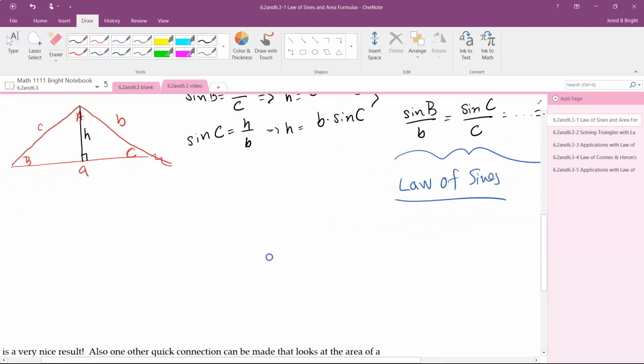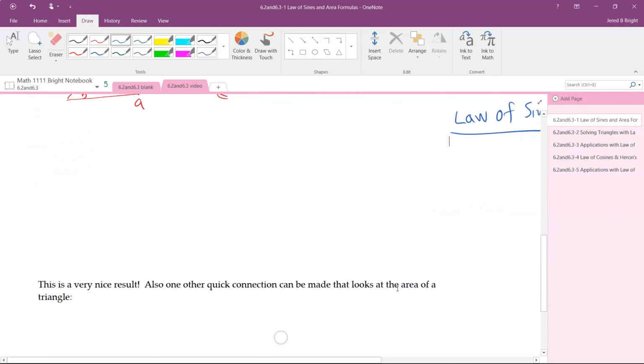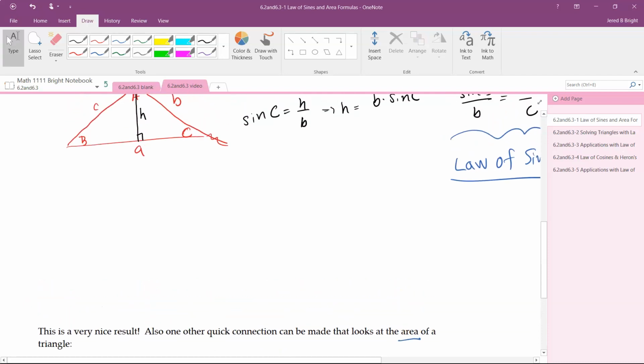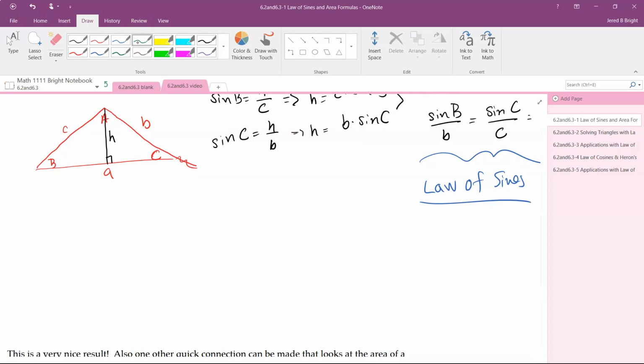While we're on this topic, I want to look at one other connection, looking at area. I'm going to back up here and do it up here in the space that I have plenty of. For any triangle, we know the area is 1/2 times the base times the height. In our example here, it's 1/2 times a times h.